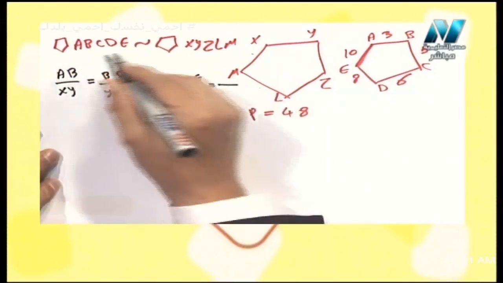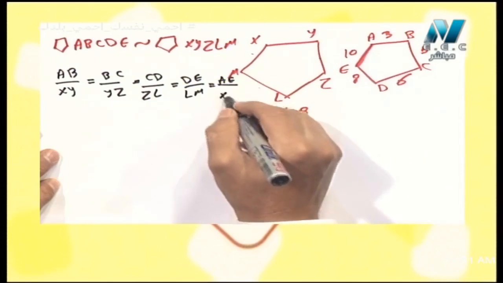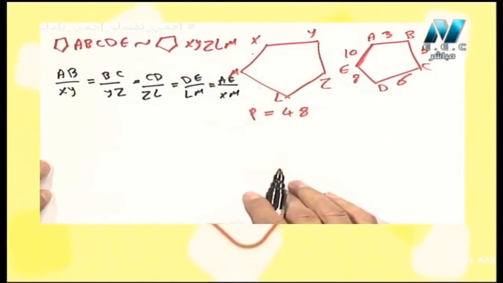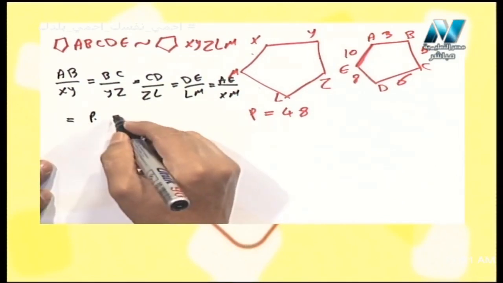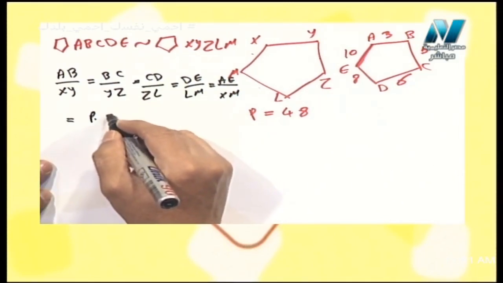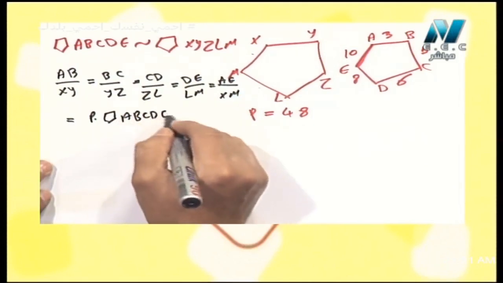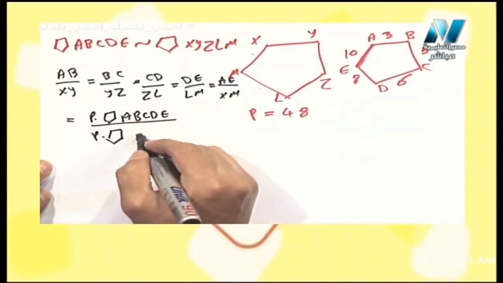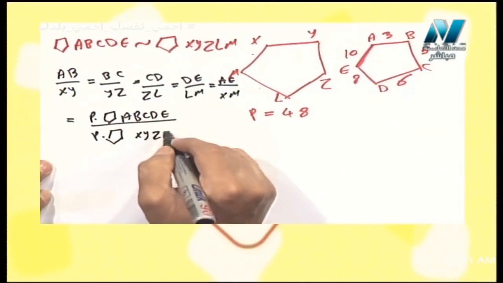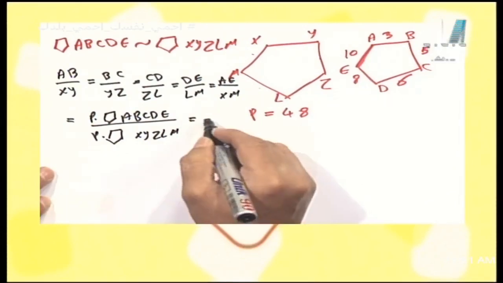Finally, AE over XM equals the perimeter of the first, which is pentagon ABCDE, over the perimeter of the second, which is XYZLM.